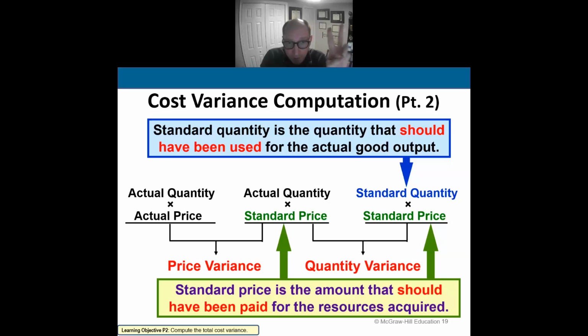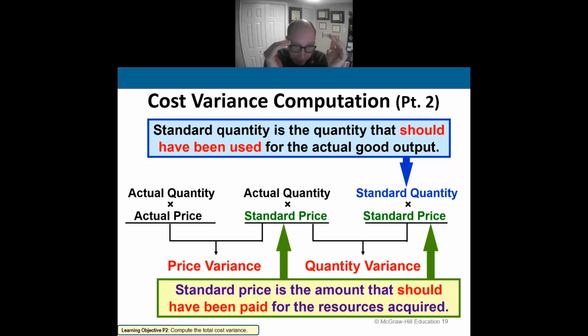There are two other variances you need to find. First is called the price variance. That's the difference in price, actual price minus the standard price. We take the actual quantity times the actual price minus the actual quantity times the standard price. That gives us the price variance.